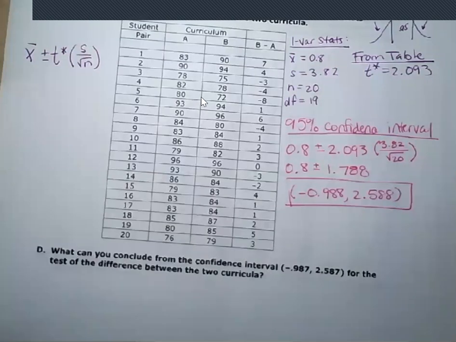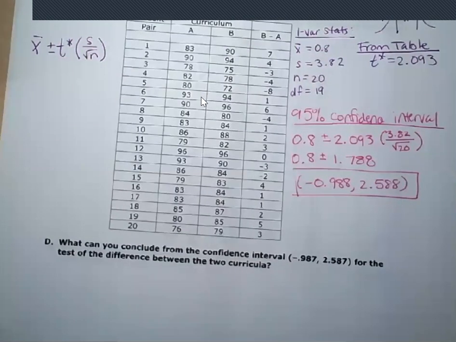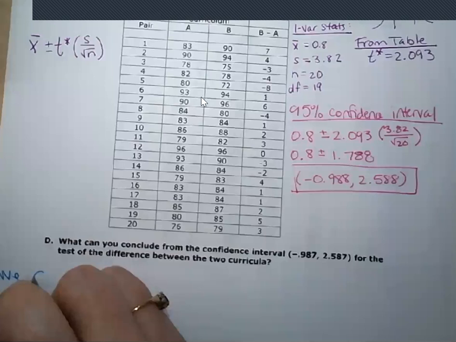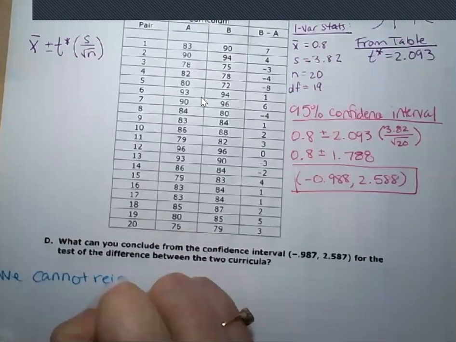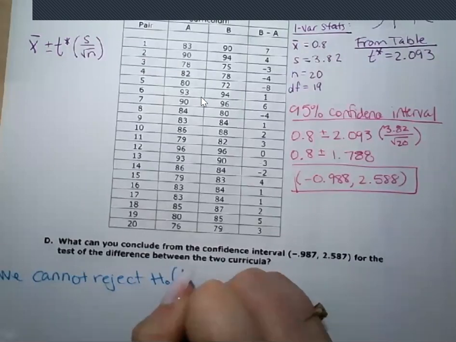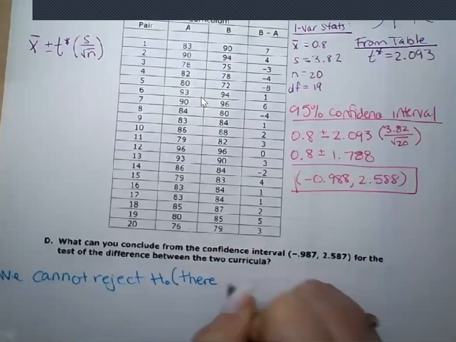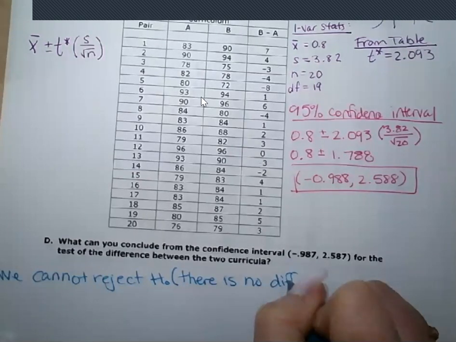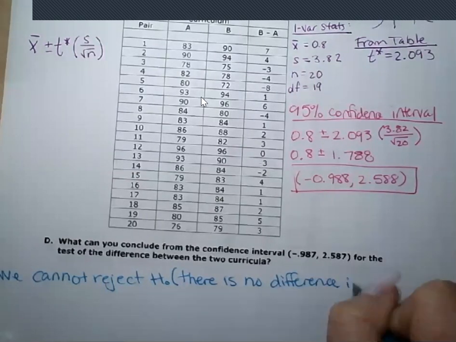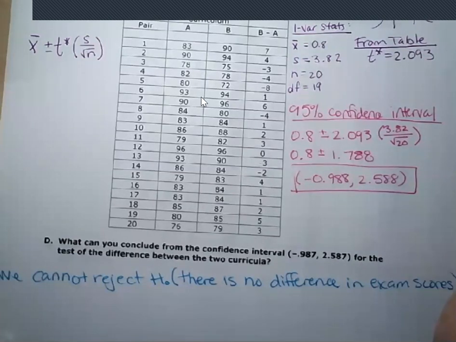So my conclusion is we cannot reject H naught, which was that there is no difference in exam scores. Always put your context in your conclusions.